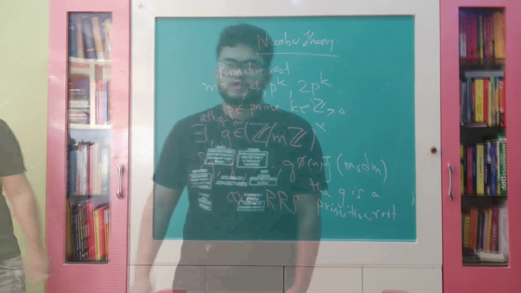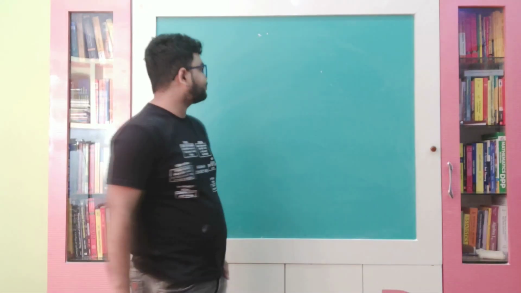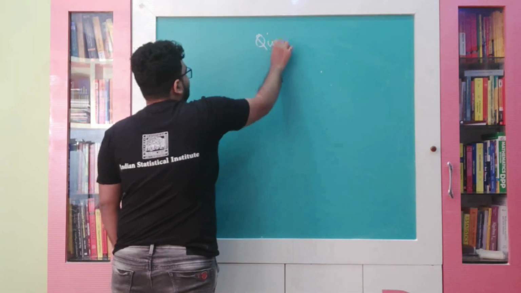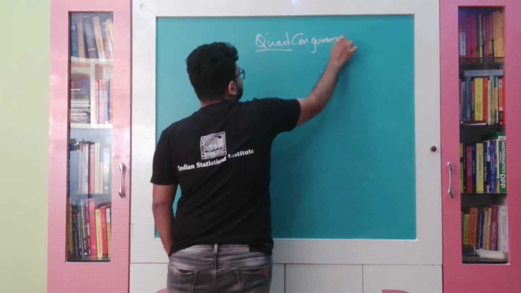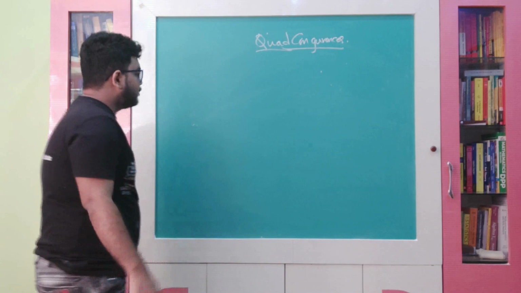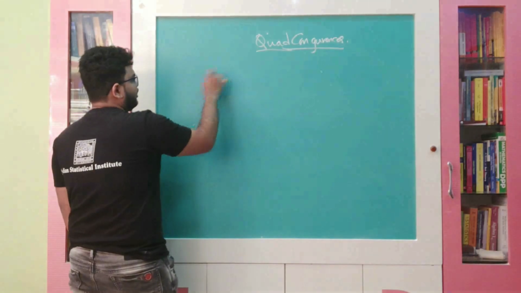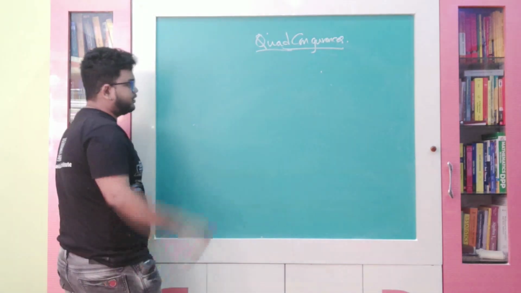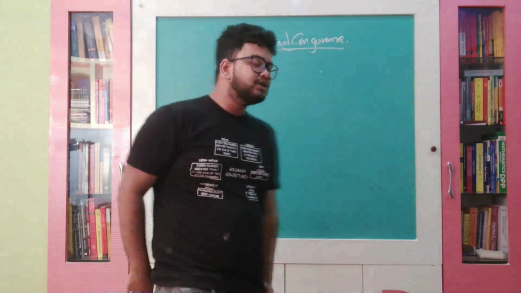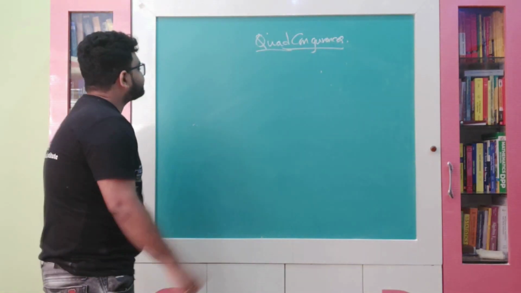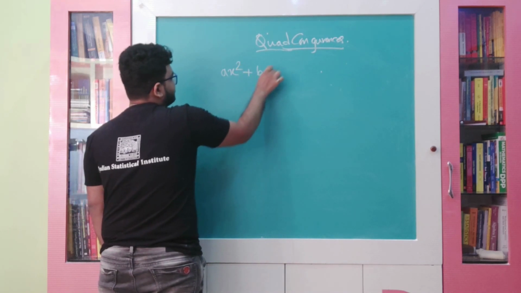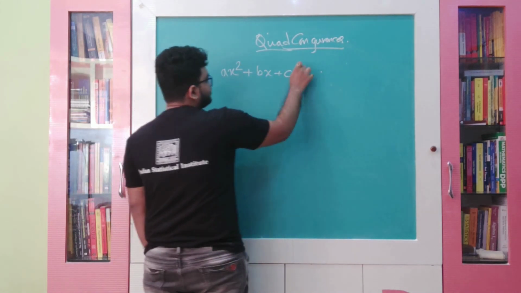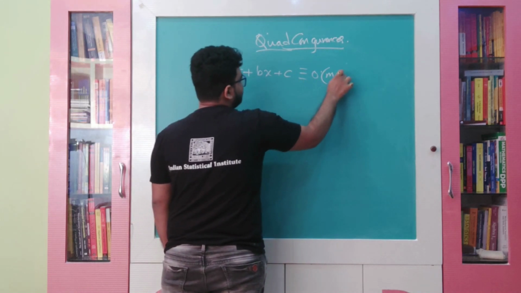Okay. So in this video I am going to talk about quadratic congruences and the quadratic reciprocity law. If we look at the congruences from the previous chapter, modulo m, consider the equation ax squared plus bx plus c congruent to 0 mod p.